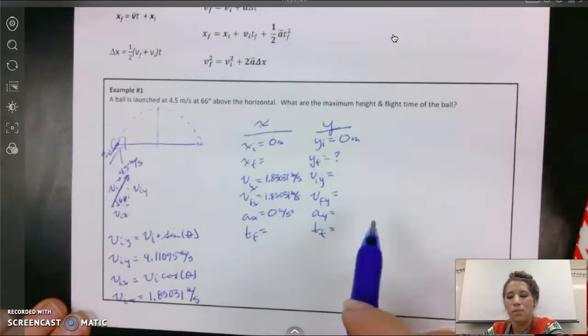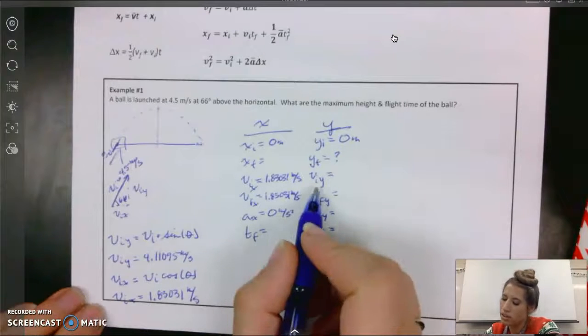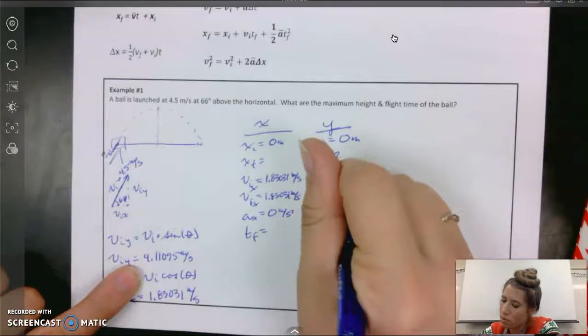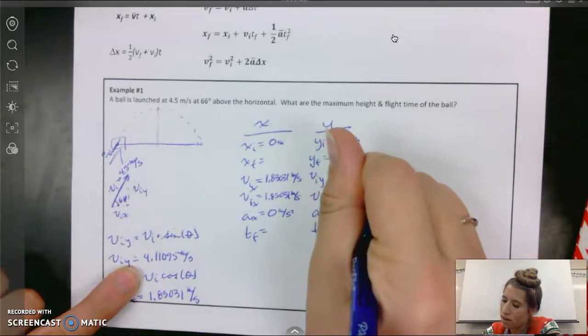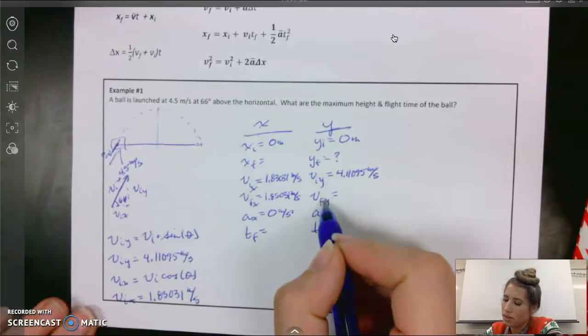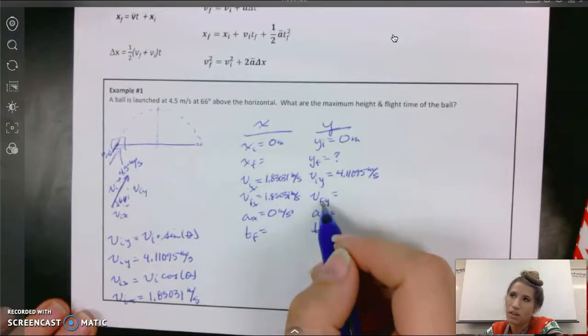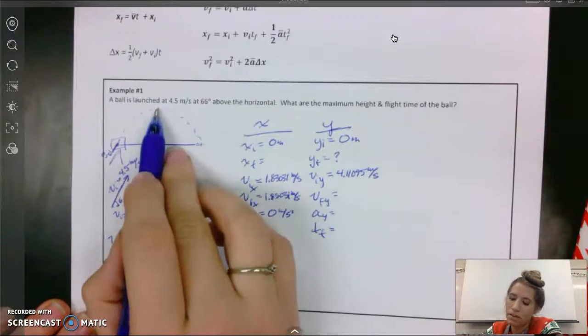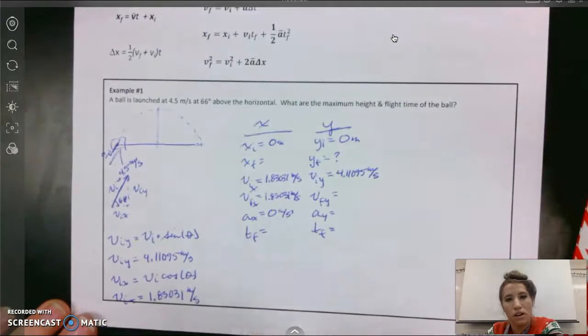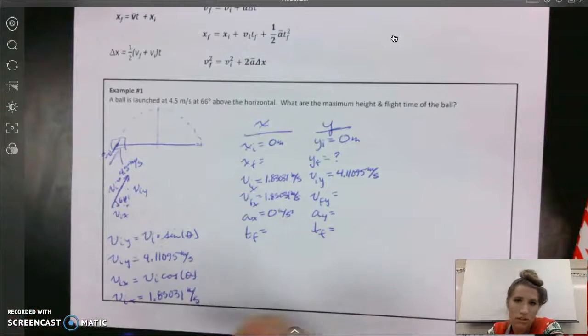Velocity initial in the y, we solved for that. That's going to be 4.11095.